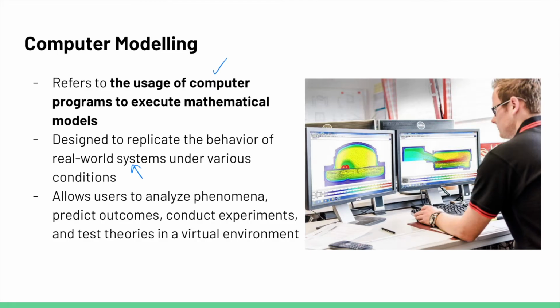Using computers, we can more easily analyze phenomena, predict outcomes, conduct experiments, and test theories. This is partly because we can process mathematical equations that have a lot more variables a lot more easily than if we were to do it on paper. So computers make it a lot easier for us to take an input and calculate output much more quickly, specifically when we're dealing with systems that are more complex than just interest rates.